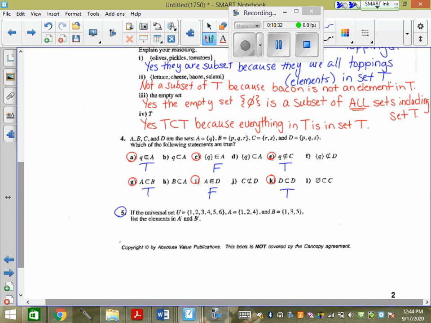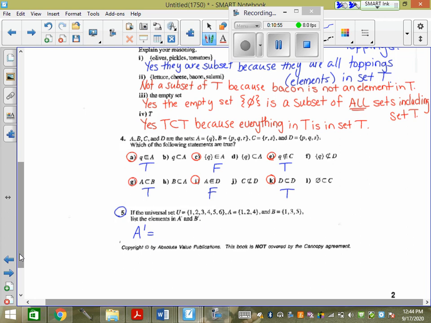Number 5: if the universal set is 1, 2, 3, 4, 5, 6, and A equals 1, 2, 4, and B equals 1, 3, 5, list the elements in not A and not B, or the complement of A and the complement of B. So the complement of A is everything that's not in A, but it's in the universal set.